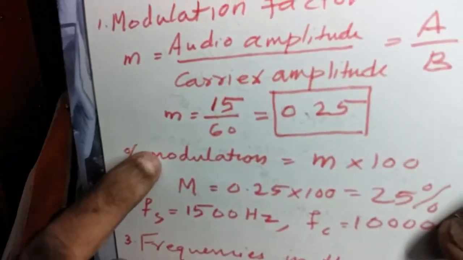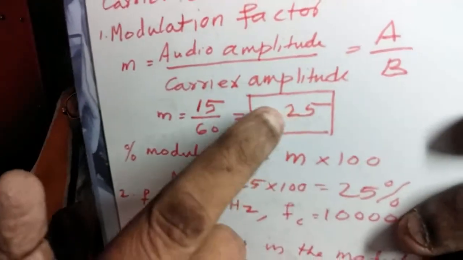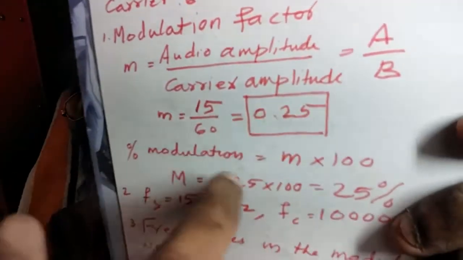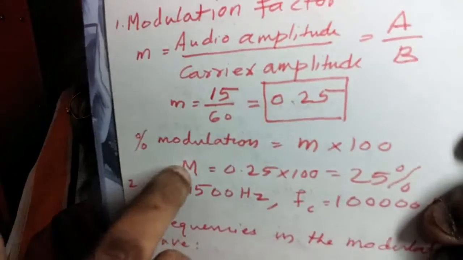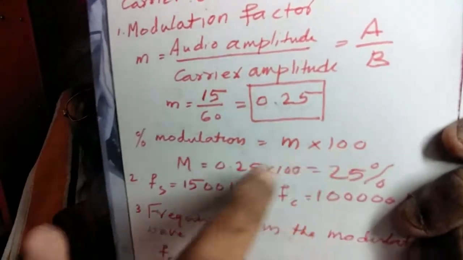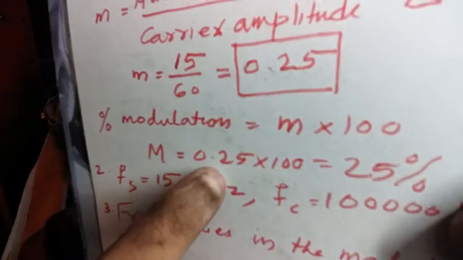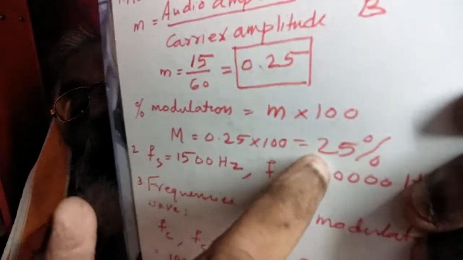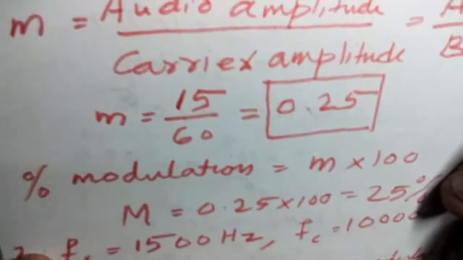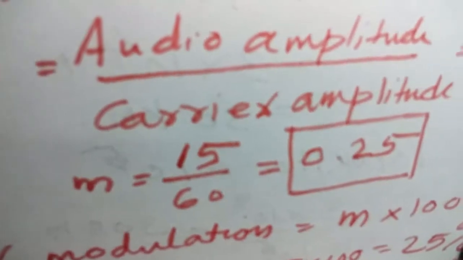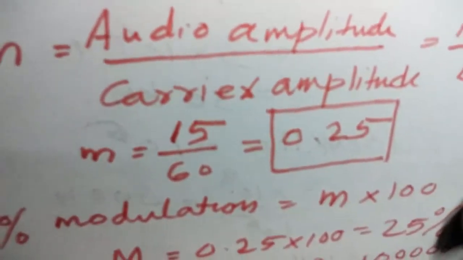Percentage modulation you get by multiplying small m with 100. So percentage modulation, capital M, equals m into 100, that is 0.25 into 100, or 25%. Now the next part is what are the frequencies of the audio signal and carrier?